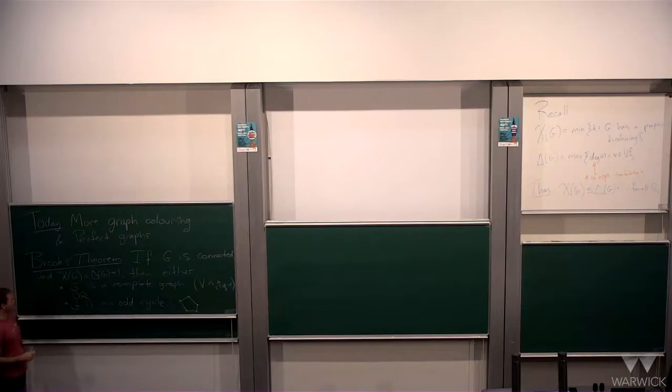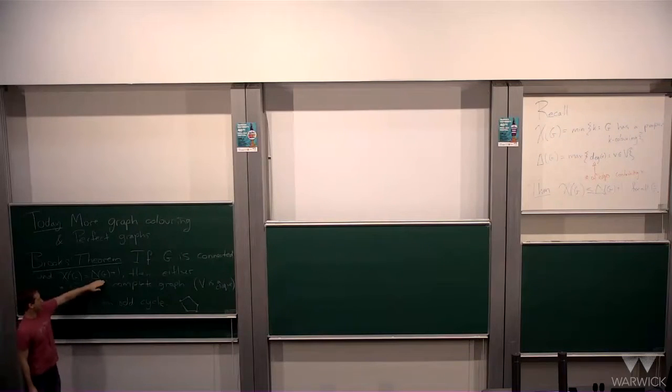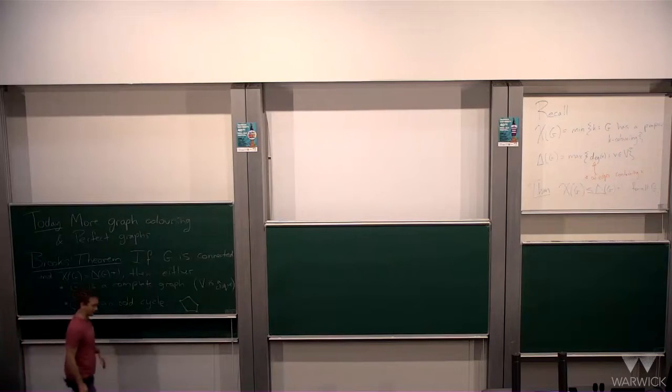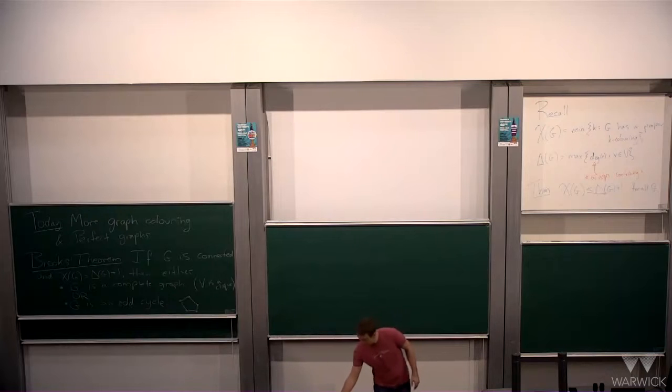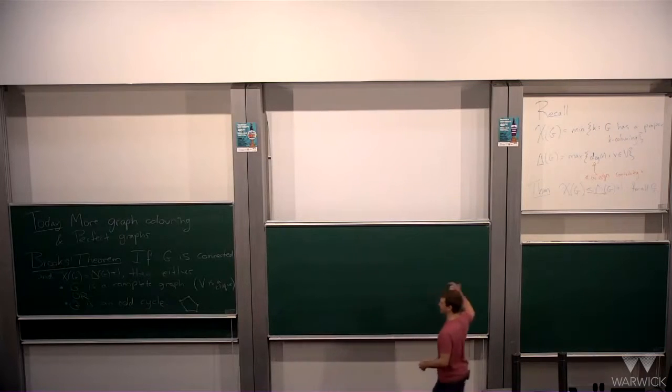And for a complete graph, you need a different color for every vertex. So if it has n vertices, you need n colors, and the max degree is n minus 1, right? Because every vertex is joined to n minus 1 other vertices. So n is exactly delta plus 1. Okay, so this is essentially a side note. We're not going to prove it, but it connects nicely to this theorem we proved at the end of last day.